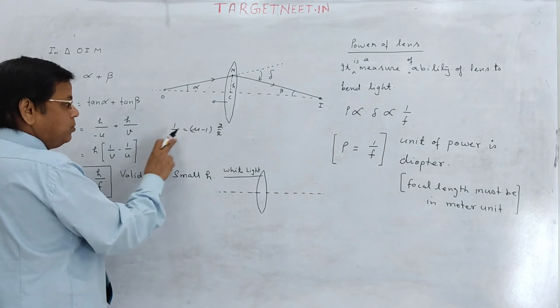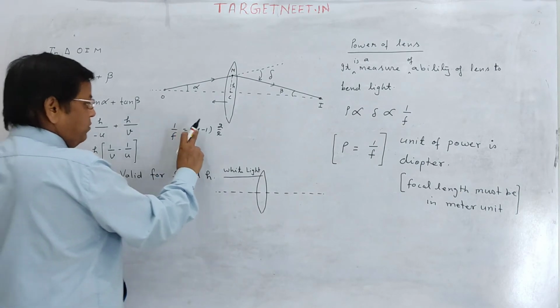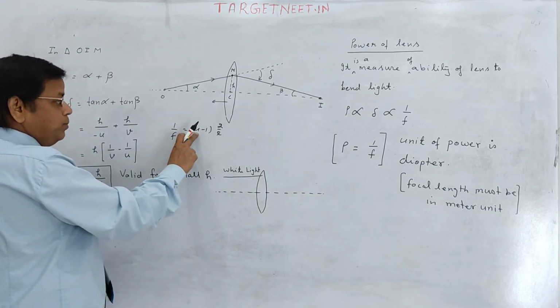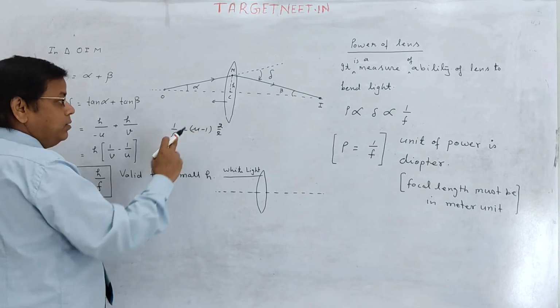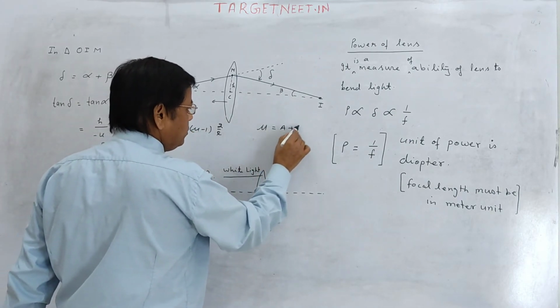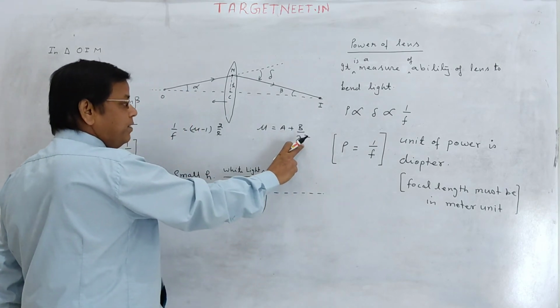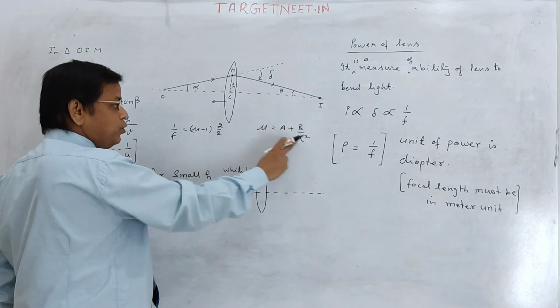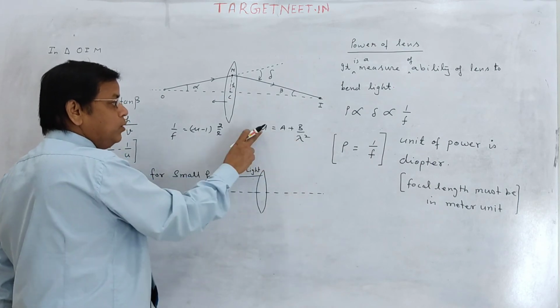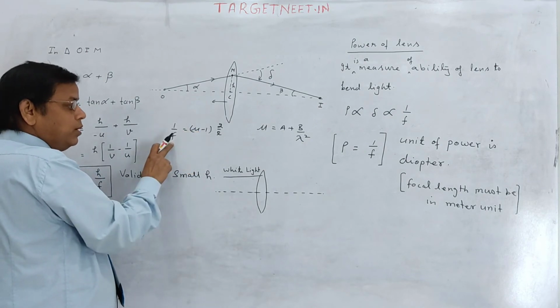So there is some relation between focal length and refractive index of material of lens. The refractive index is some constant plus some other constant upon wavelength square, so more is the wavelength, lesser is the refractive index. Red color has more wavelength, so lesser refractive index, more focal length.